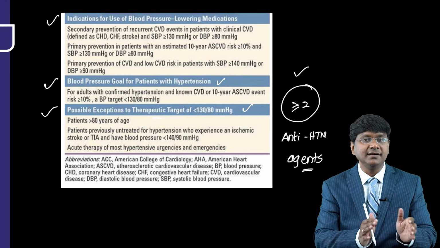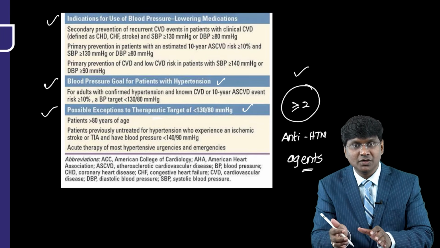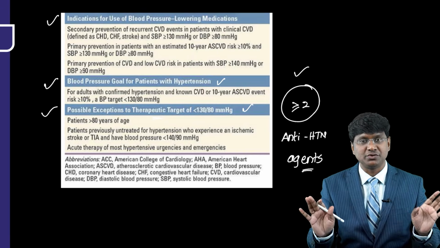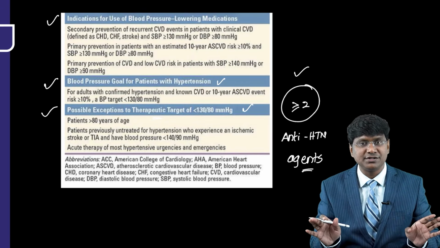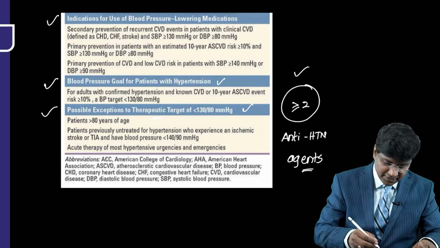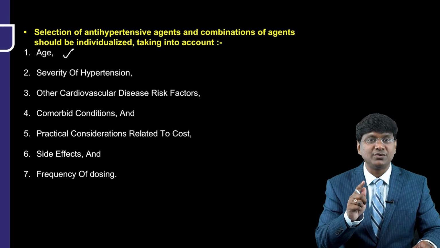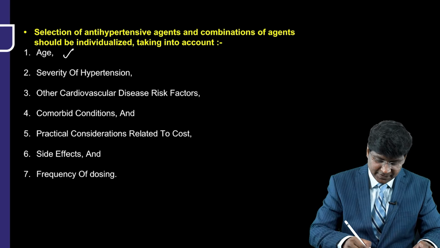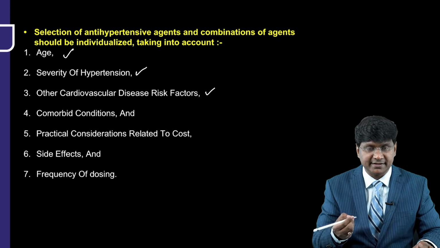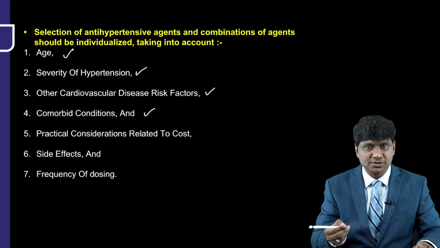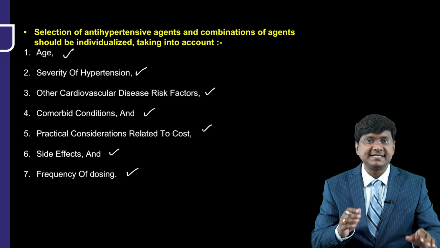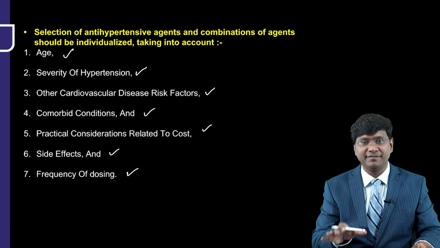And whenever you are selecting or combining antihypertensives, it should be individualized. What do you need to take into consideration? You need to consider the age of the individual, severity of hypertension, other cardiovascular disease risk factors, comorbid conditions, practical considerations related to the cost of the medication, side effects, and the frequency of dosing.